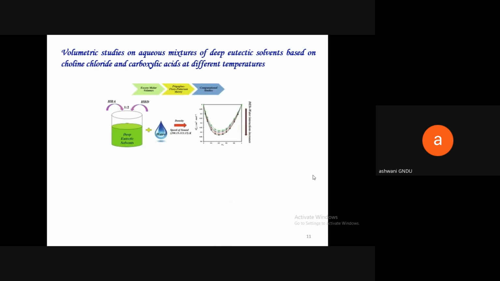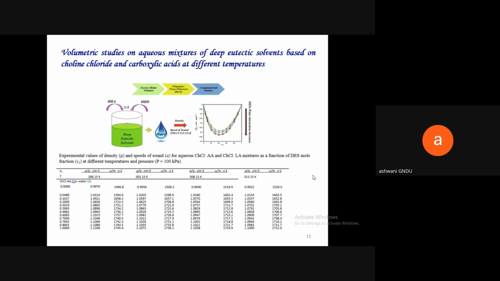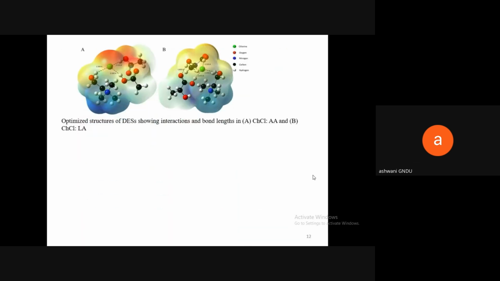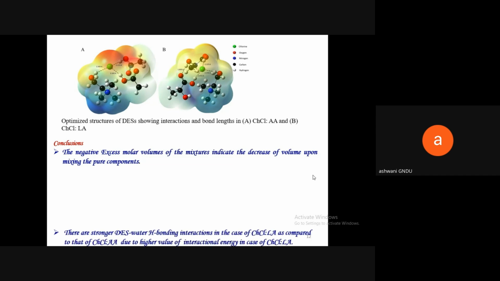Then we studied volumetric properties in deep eutectic solvents. These are ionic liquid type solvents, where we have studied the density measurements. These are the tables showing how the density changes. Then the theoretical studies have been carried out. The theoretical studies show that the negative excess molar volume indicates the decrease in the volume upon the mixing of the 2 types of solvents.